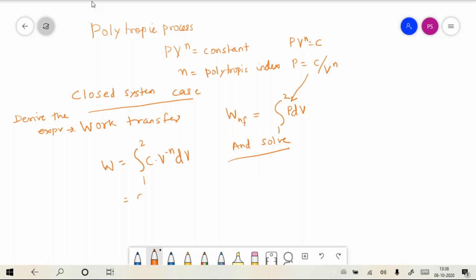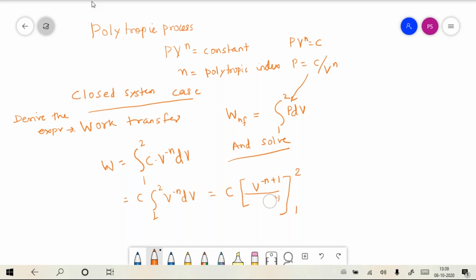Integral from 1 to 2 of V raised to minus n dV is equal to C into V raised to minus n plus 1 upon minus n plus 1, from 1 to 2.